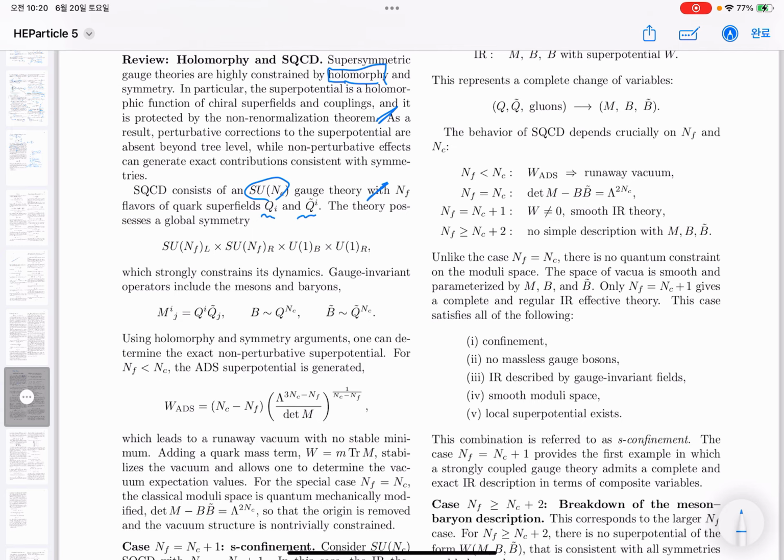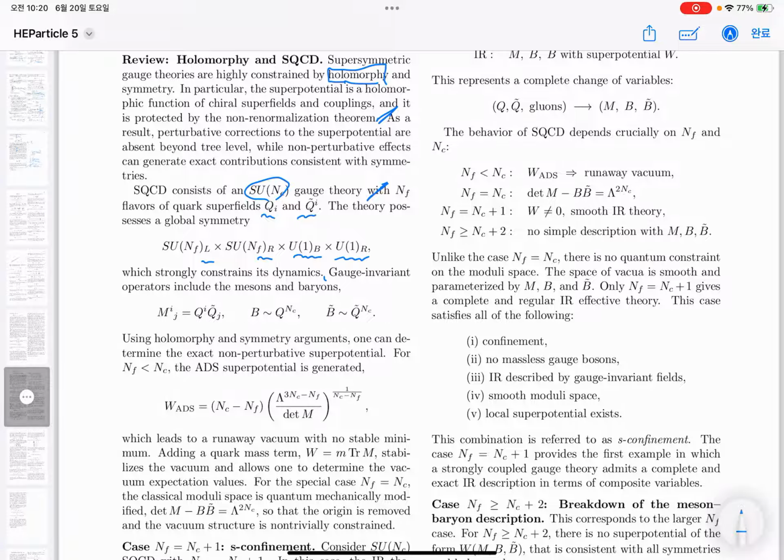Then the theory includes the global symmetry SU(NF) left-handed and right-handed, the U(1)B baryon number, and the U(1)R as the R symmetry. And this global symmetry strongly constrains the dynamics.